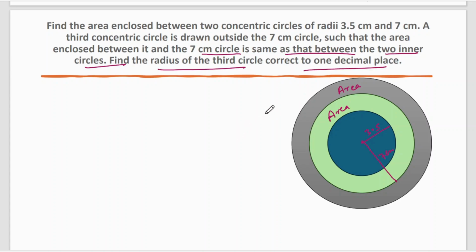Now first let me find the area of this circle. For your convenience, I am going to write area of shaded portion, and in brackets I am writing green. So what is that?